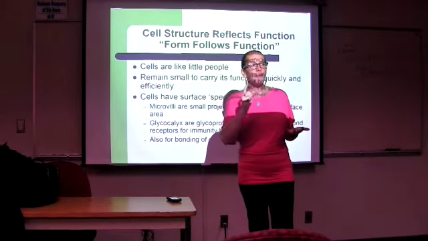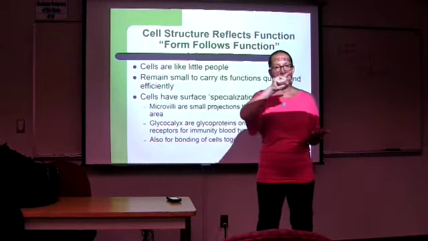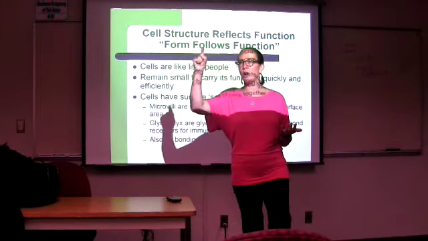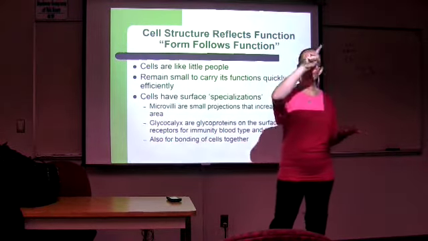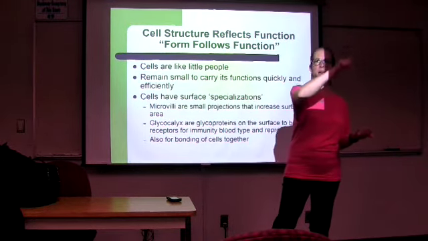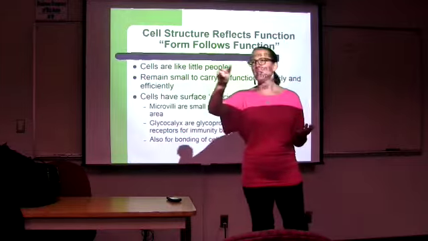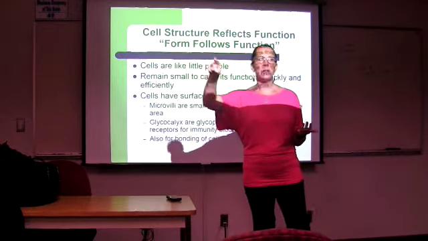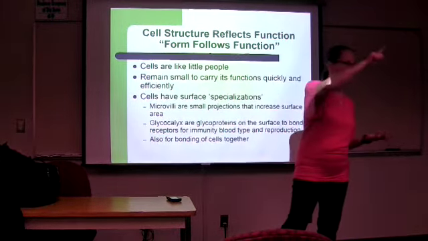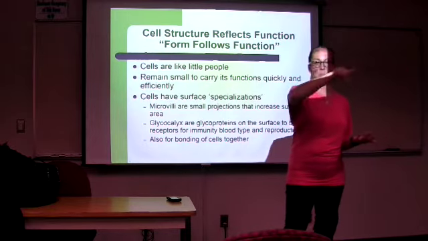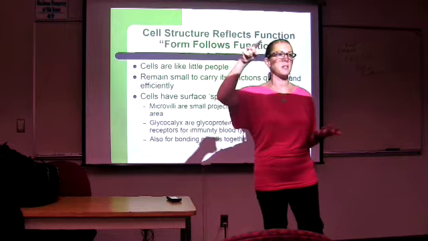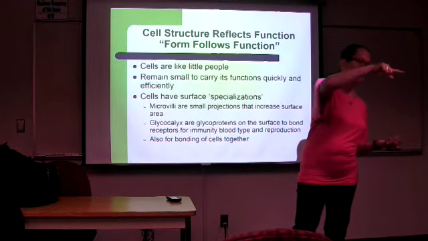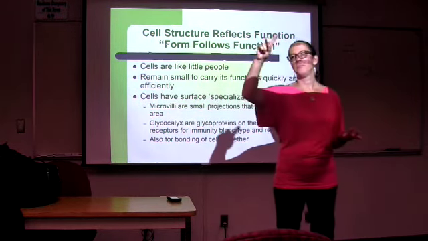Now that's different from microvilli. Okay, microvilli are thicker and they provide more of a wavy-like presentation. Anytime I do this, I'm going to do it a couple times. This wave-like presentation, like having small cells, increases surface area.